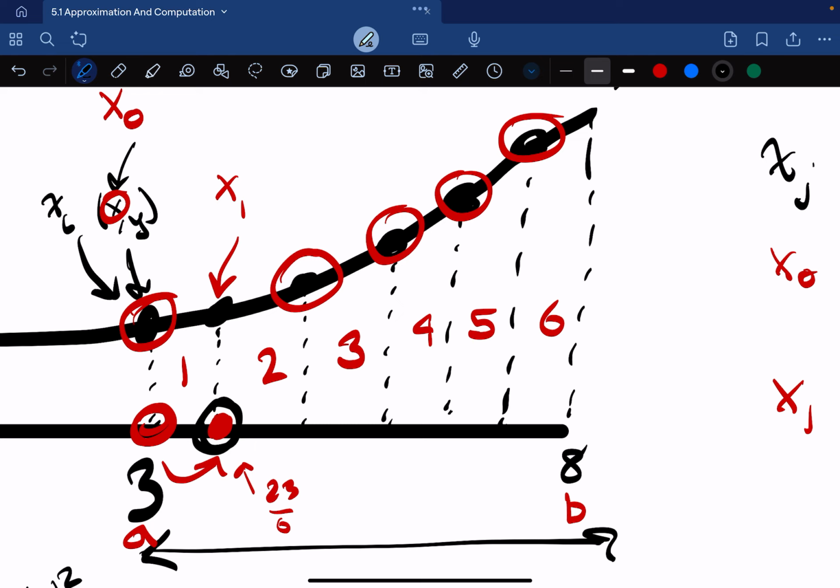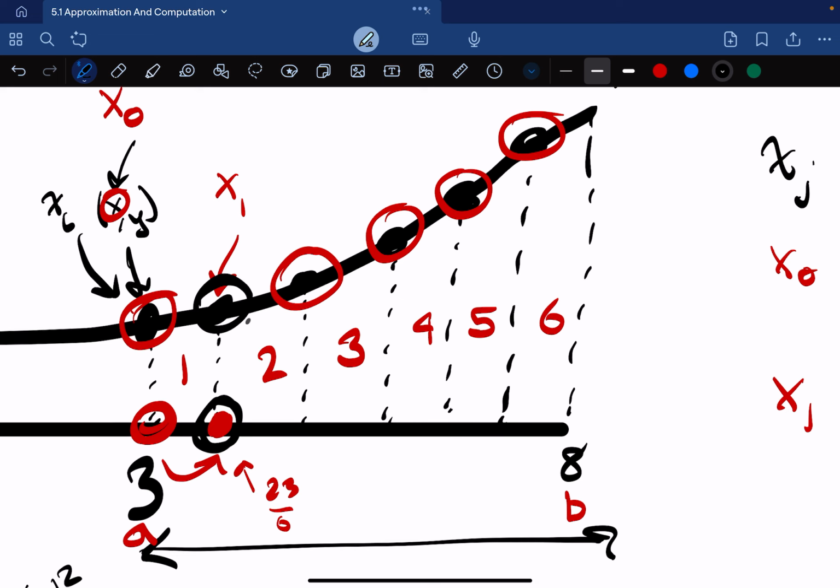But let's say that instead of calculating the point on the left, I wanted to find the point on the right. Well, when that happens, our very first right endpoint is actually here, meaning that endpoint is the very first one for our right endpoint approximation.